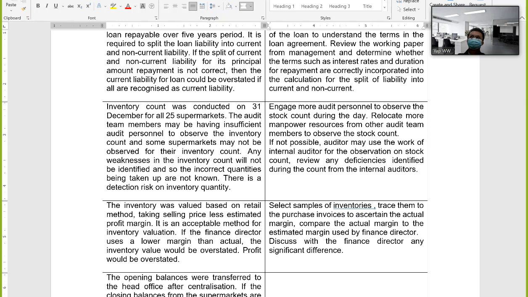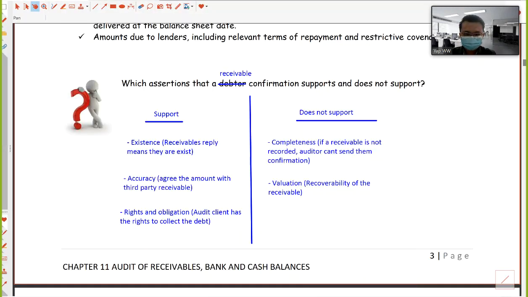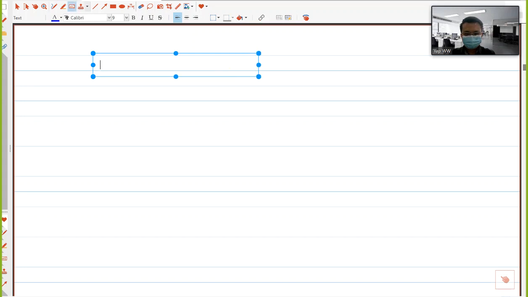Production cost and inventory costs are two different things. It's two different things. Okay. Yeah, correct.